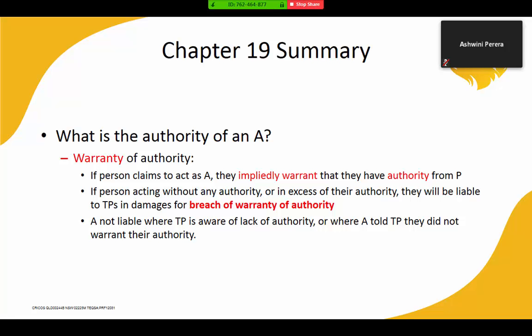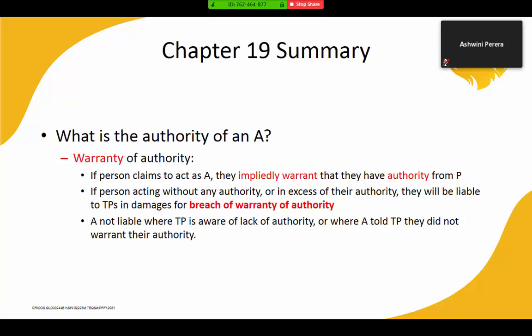Now, there's something that comes with the agency relationship that's similar to what we've seen in contracts. The idea that there would be an implied warranty. Of course, now you use the ACL for these guarantees, but it is similar to that implied warranty. Here, we have a warranty of authority. So the agent, when they deal with the third party, is giving an implied warranty that I have the authority to deal with this matter.